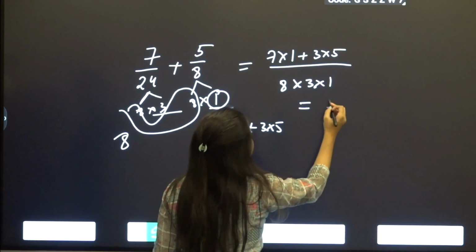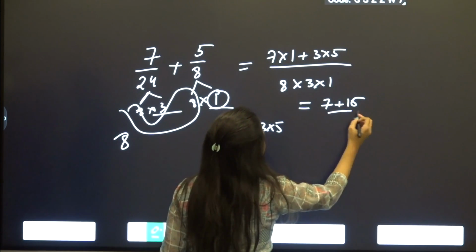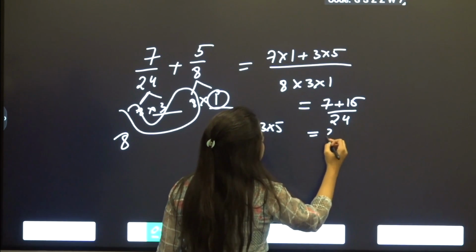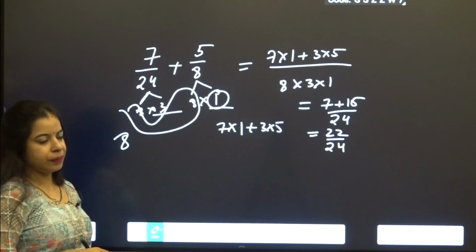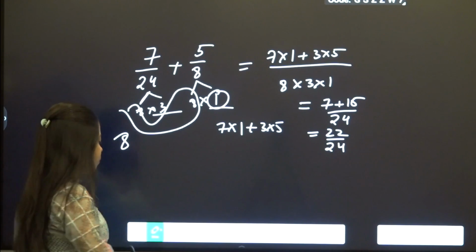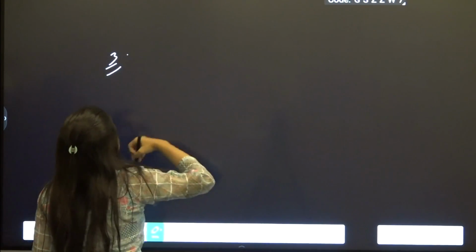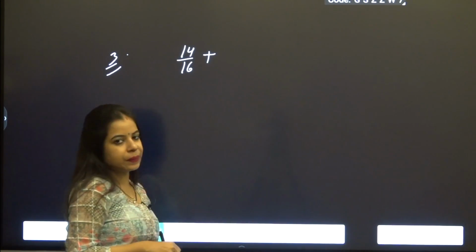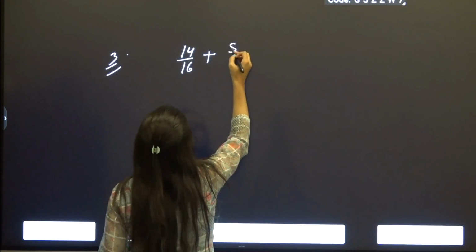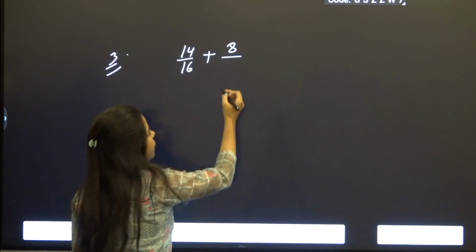So, we are going to get 7 plus 15 by 24, which is 22 by 24. Okay. So, let us take one more example. 14 by 16 plus 8 by say 30.